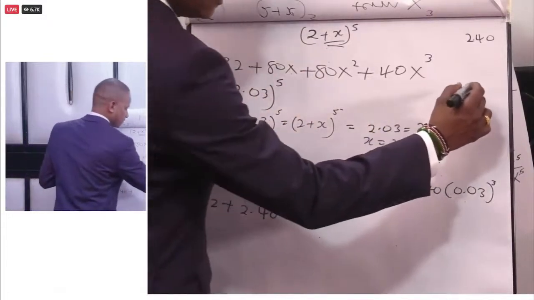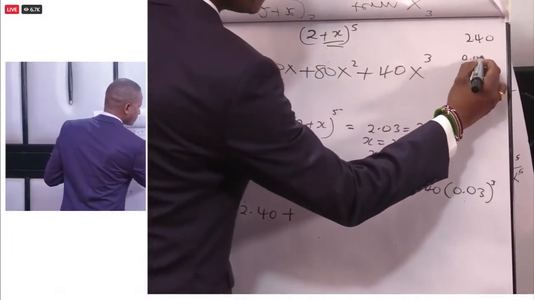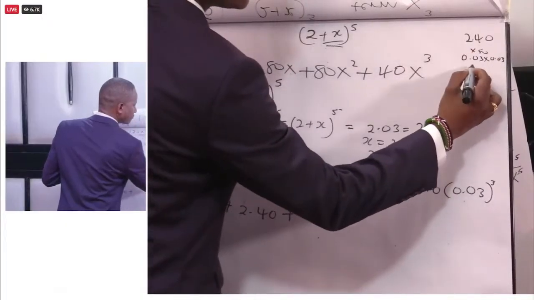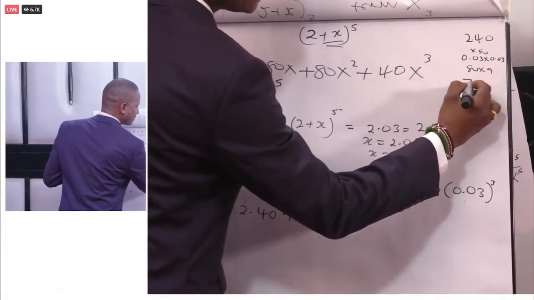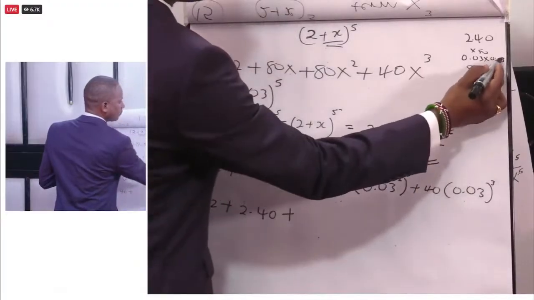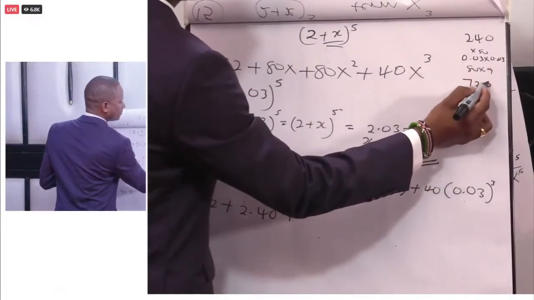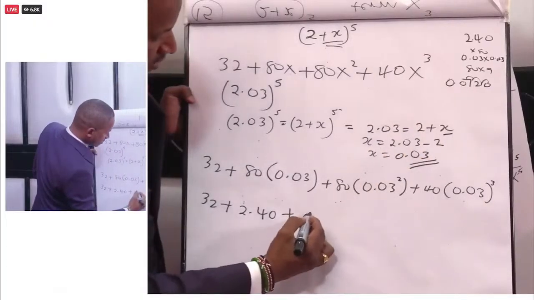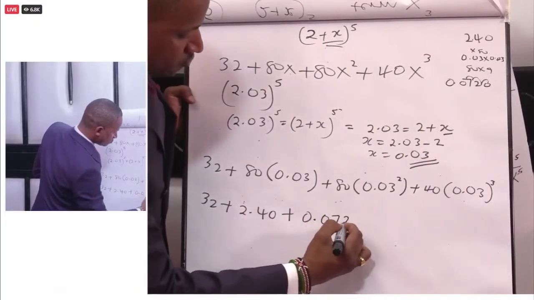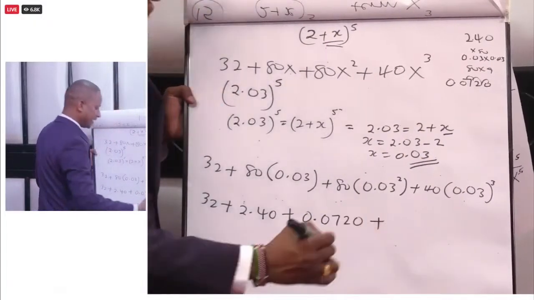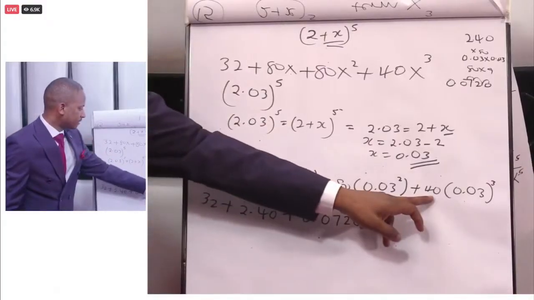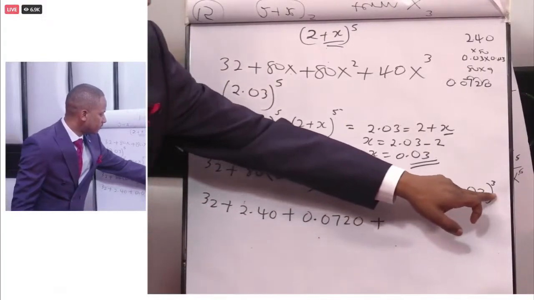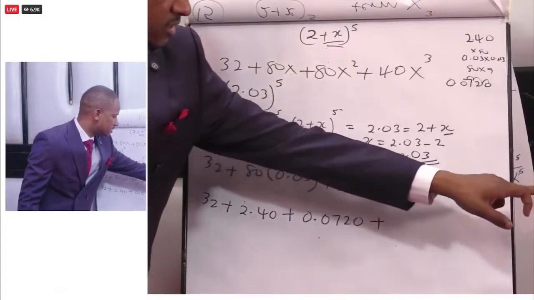So from here, 0.03 times 0.03 times 80. So this is 80 times 9 is 720. Then 1, 2, 3, 4 decimal places. So the next one is 0.0720.